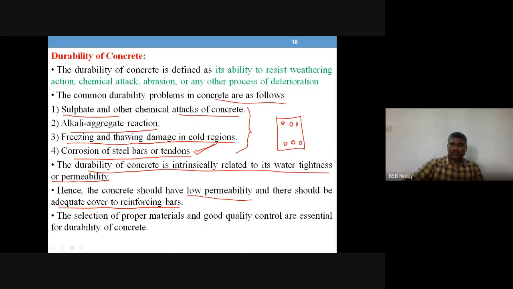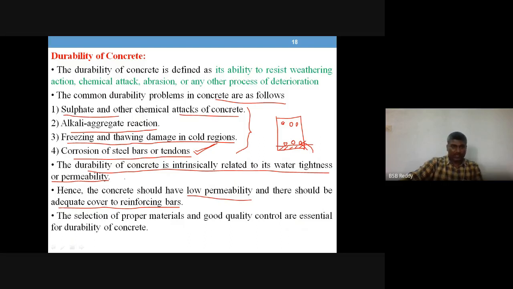This portion of concrete is going to protect the steel bars from coming into contact with the atmosphere, so that it won't get corroded.